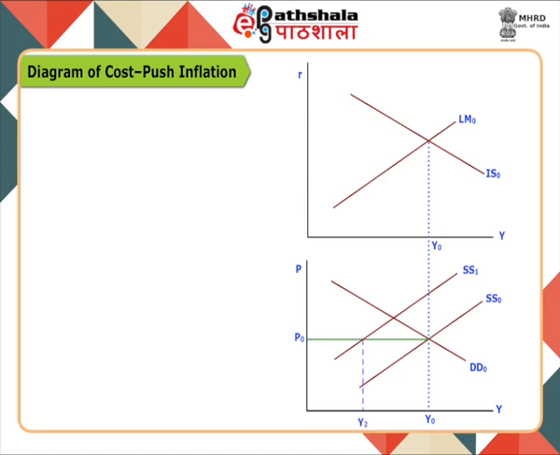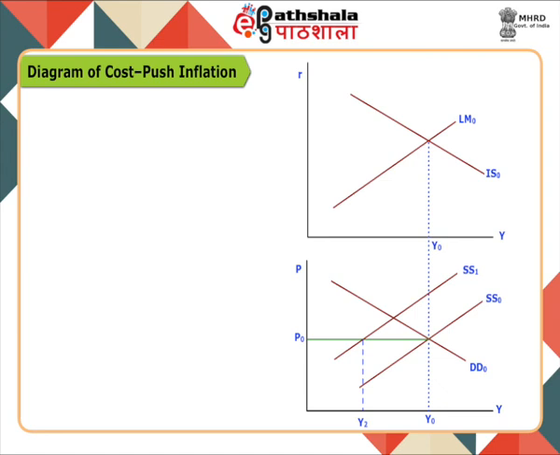However, the aggregate demand shall remain at Y0. This will result in a mismatch of demand and supply, and the supply will fall short of demand by Y2, Y0.